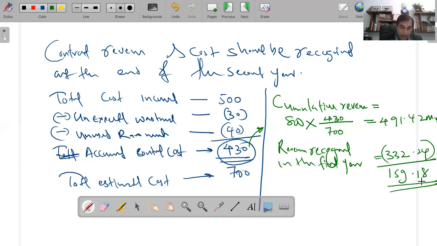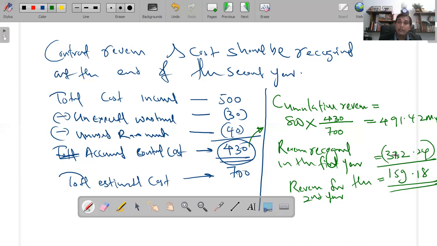So this is the revenue to be recognized in the second year. Revenue for the second year, 159.18. Please write down this answer.